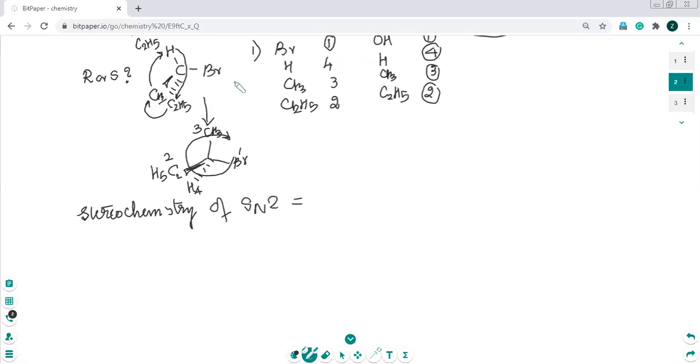See, R is becoming S. And what do you call that process? R goes to S or S goes to R. That process is known as inversion of configuration.